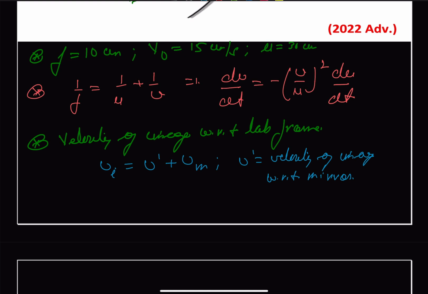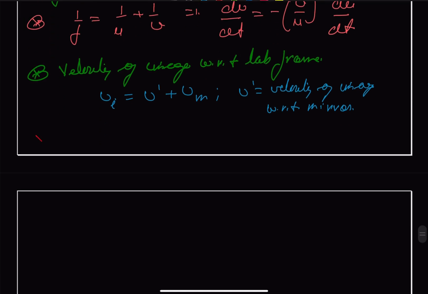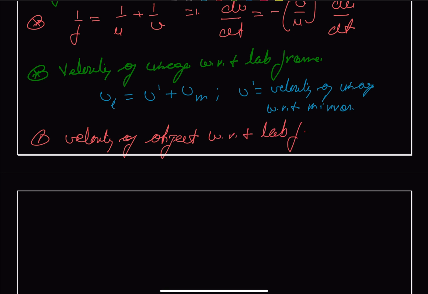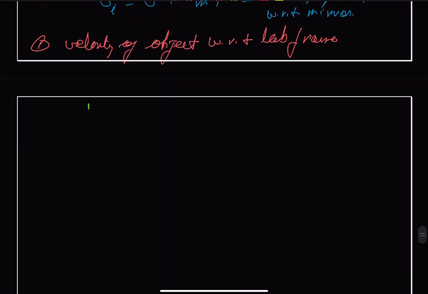And similarly we can write the velocity of object with respect to lab frame as v0 with respect to lab frame will be equal to v0 plus vm, and v0 we already know, it is given to us, which is our velocity of object with respect to mirror.